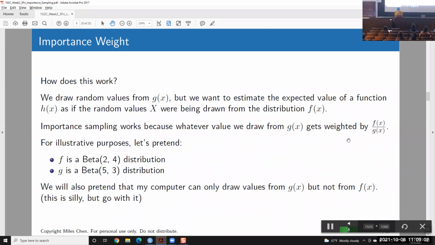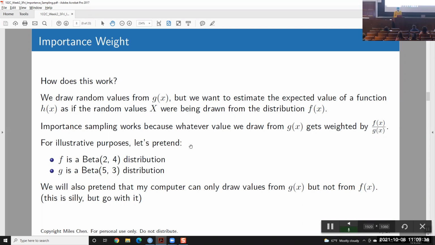So here is a silly example. Silly because this is a completely contrived situation. We're going to draw random values from g, but we want to estimate the expected value of a function h if x came from f.